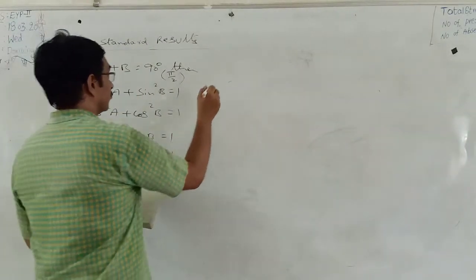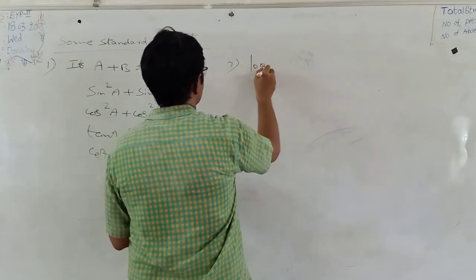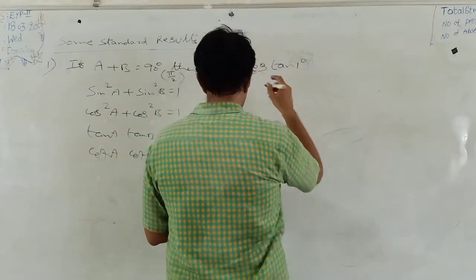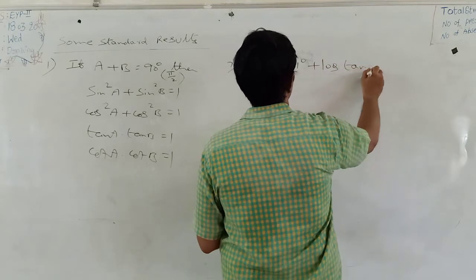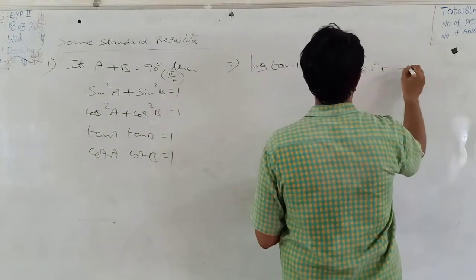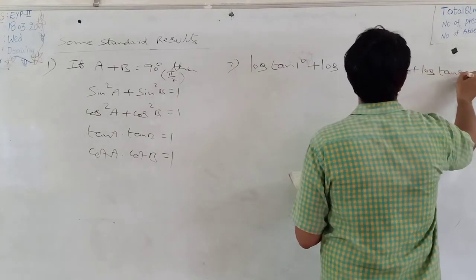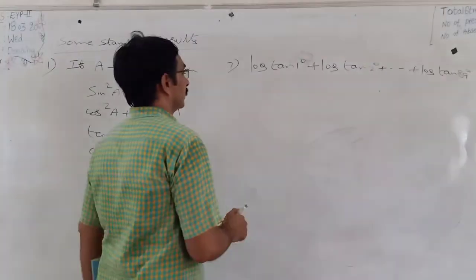Next, a similar problem, the seventh one. See the value of this, using the previous problem's answer: log tan 1 degrees plus log tan 2 degrees plus, and so on, log tan 89 degrees.